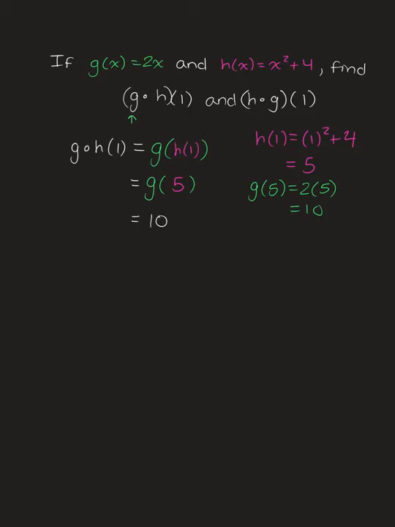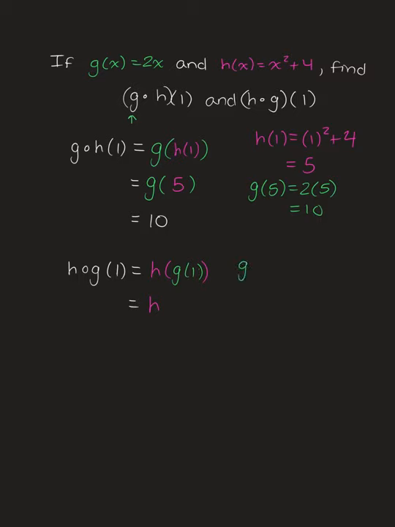Let's flip it. Let's look at h of g of 1. So now h is going to be on the outside, and g is going to be on the inside. I'm sorry, that is of 1, not of x.